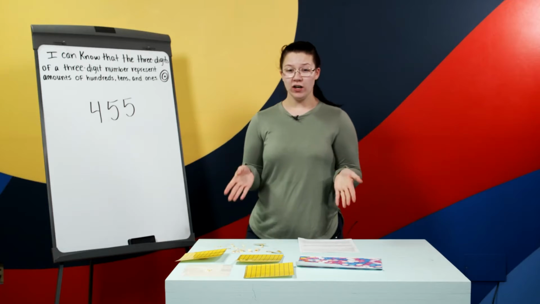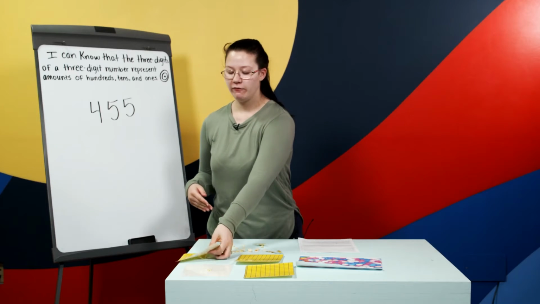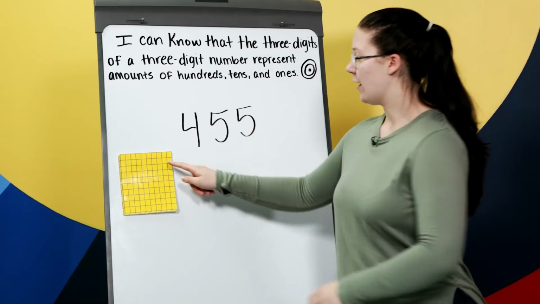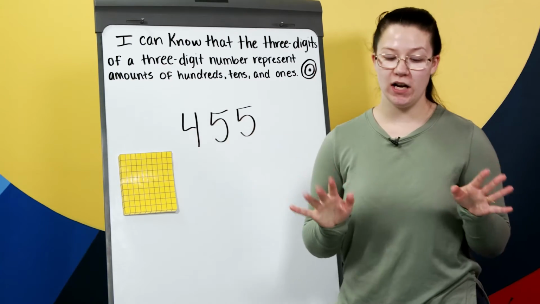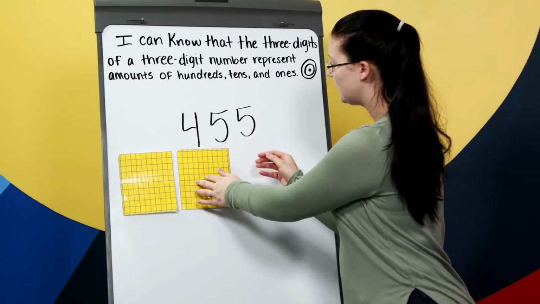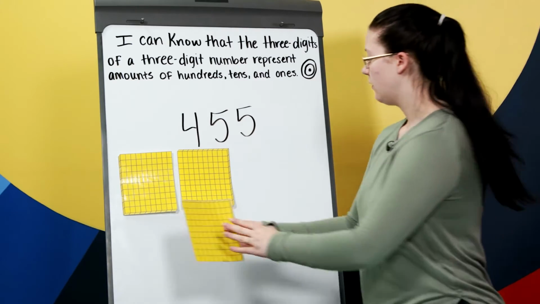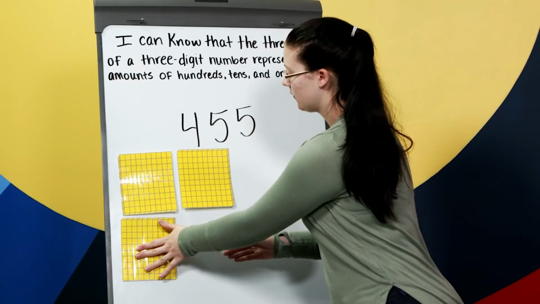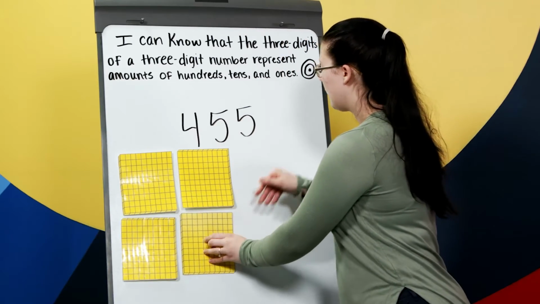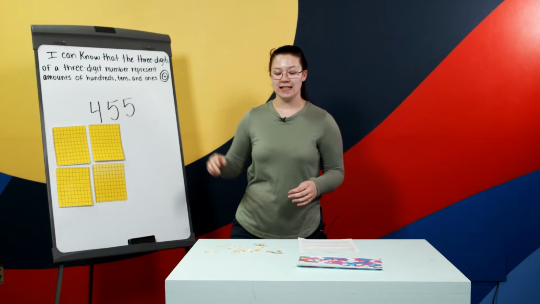Okay, so in 455, we've got 400, so I'm going to put 4 of my big base 10 blocks, and remember, all of this is 100. So I've got my first one, my second one, here's our third 100, and our fourth 100. And remember, this number in the middle is the tens place.